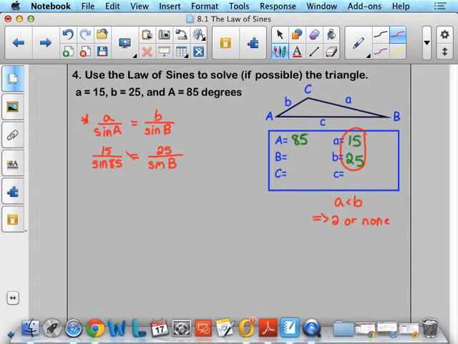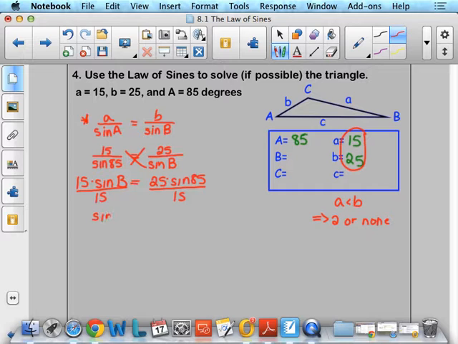Okay, so back over here to solving, if we cross multiply, and we want B by itself, so let's go ahead and divide by 15.